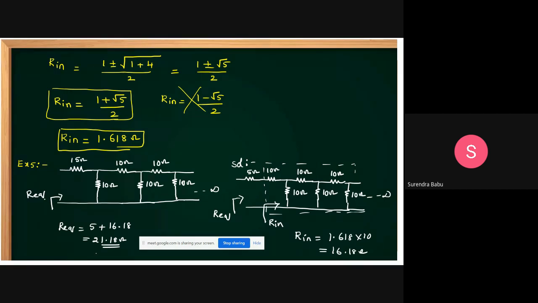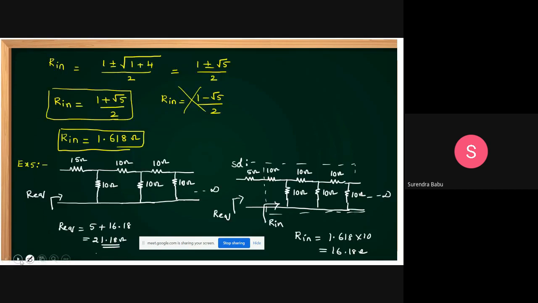Next, you try this. One more example I am giving here, example 6. Please try this one. This is R, and this one is NR.